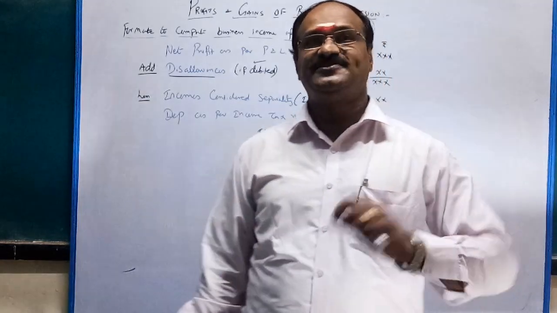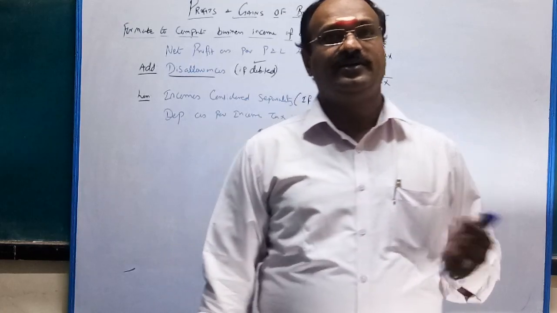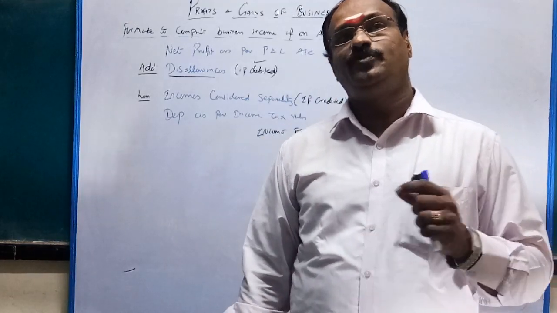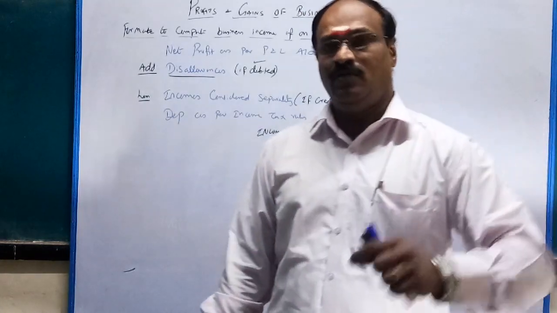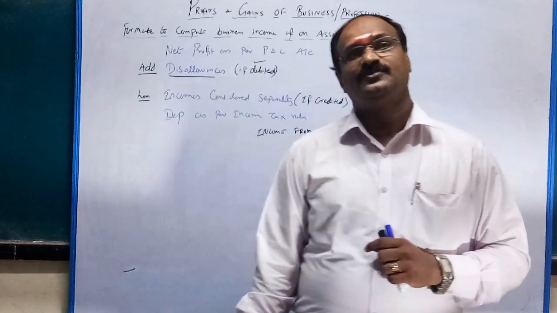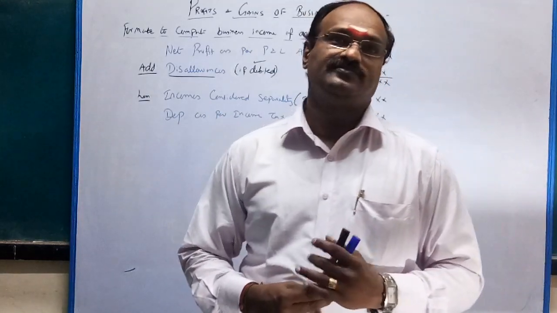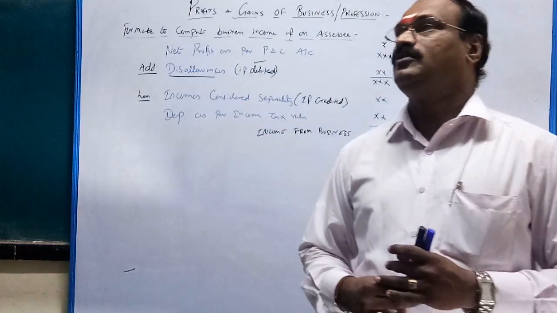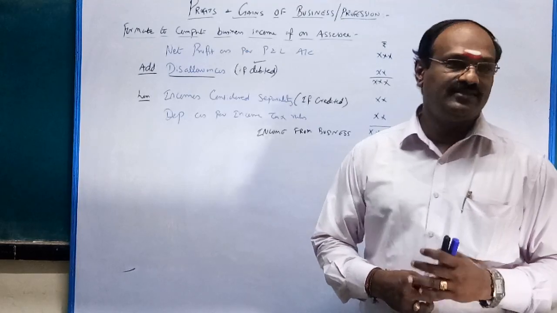Actually your profit is more, but for the purpose of income tax, you want to pay less tax, that is, you show your net profit as less. How? That is nothing but window dressing, I think.